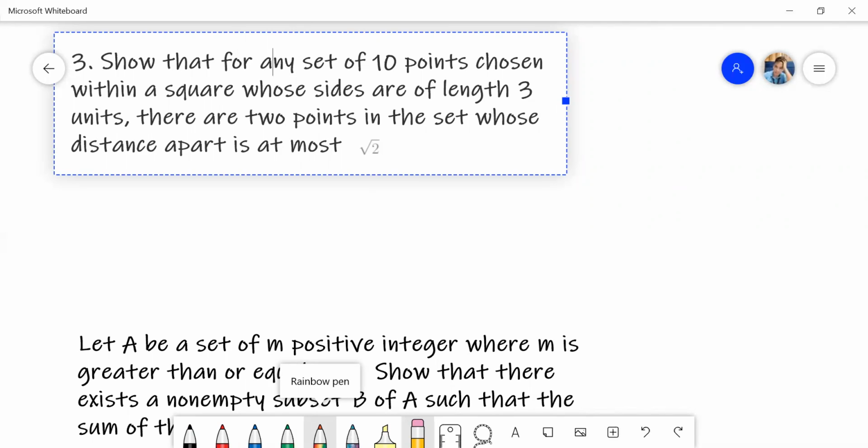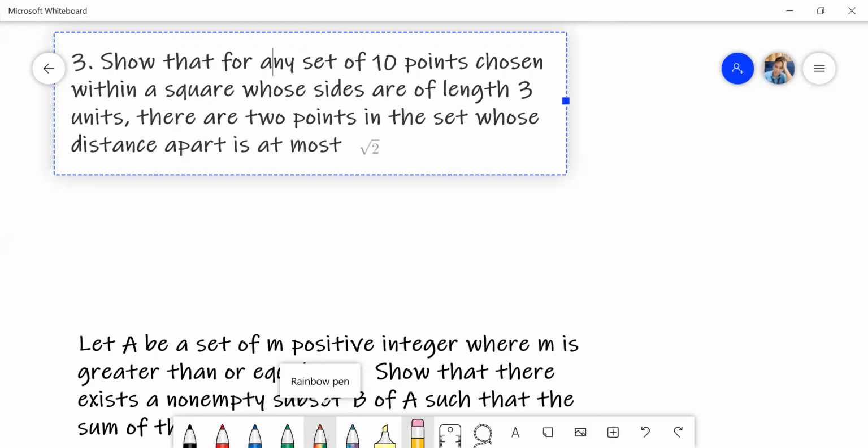So how do we figure the problem out? We can figure that out by just considering the fact that we have a square, and the square has a side of 3 units.